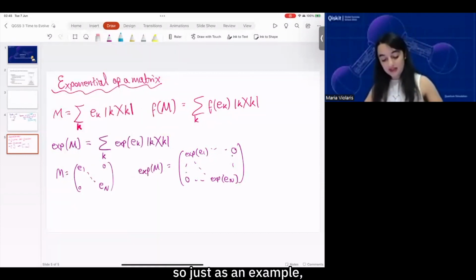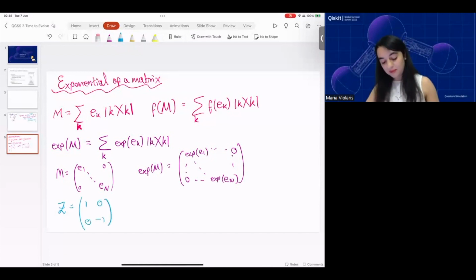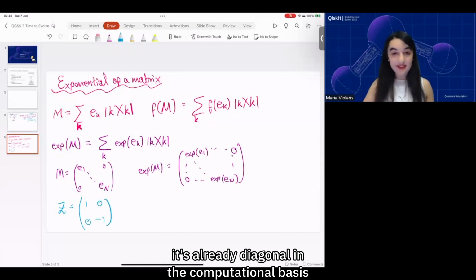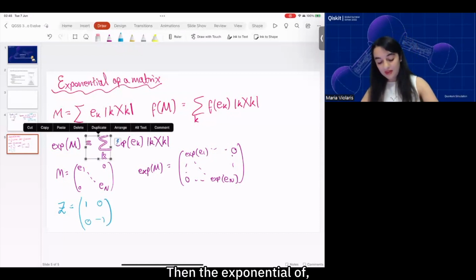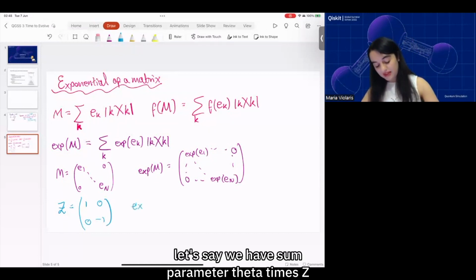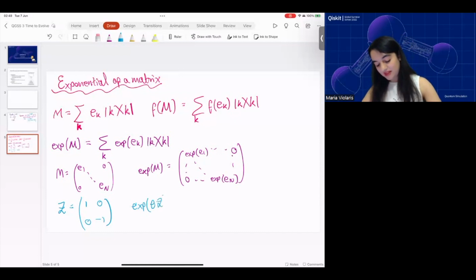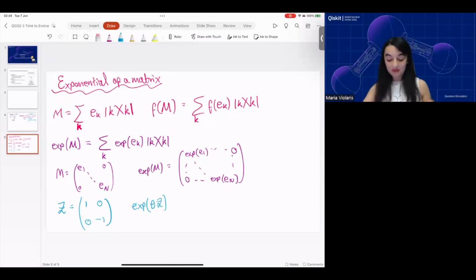So just as an example, if our matrix was the Z operator, which is 1, 0, 0, minus 1, it's already diagonal in the computational basis, so it's a nice one to look at. Then let's say we have some parameter theta times Z, and we want to look at the exponential of this.